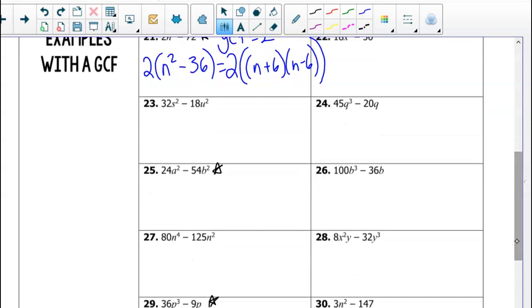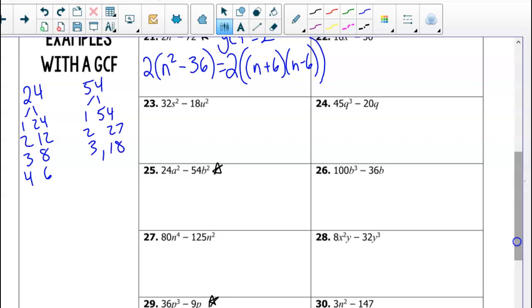Jumping down to number 25, I see that both of them I can divide by 4. I'm sorry, I did that problem already in my head. You could list out your factors. So let me do that really fast. I'm sorry, not 4, 6.